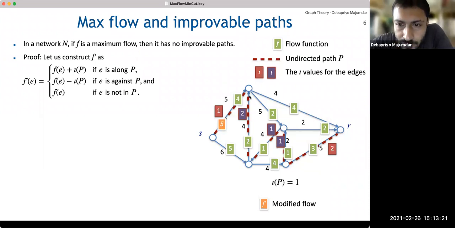What about the next one? The flow is 2, but it is against the path. It's quite complicated at times exactly what is happening.